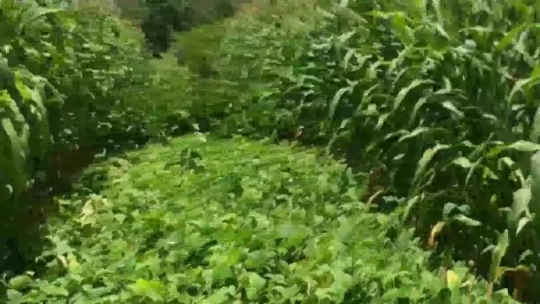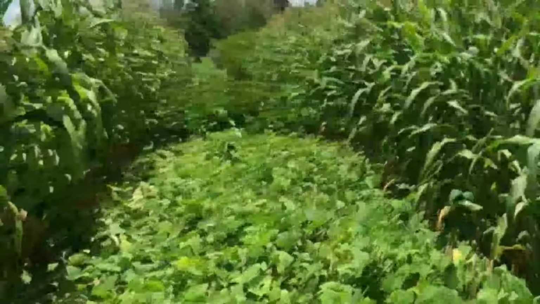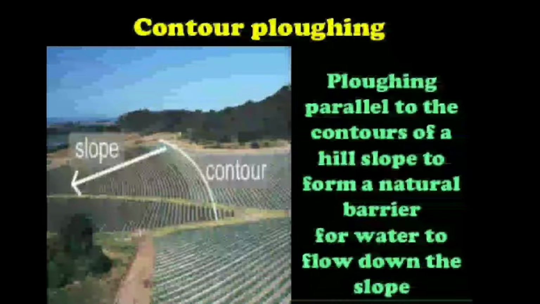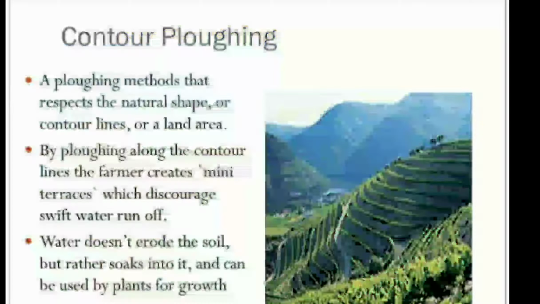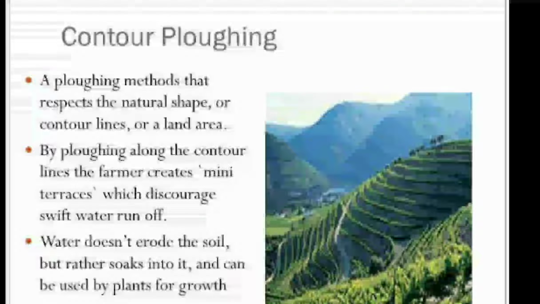The sixth point is contour ploughing. That means ploughing parallel to the contours of hill slopes to form a natural barrier, allowing the water to flow down through the slope created by that ploughing alone. That also reduces soil erosion.